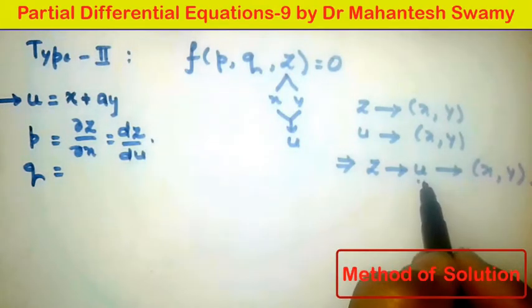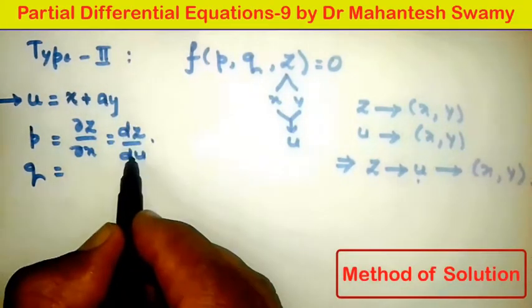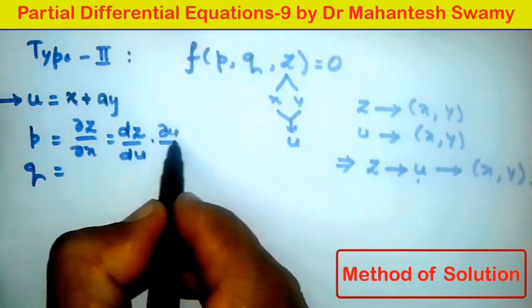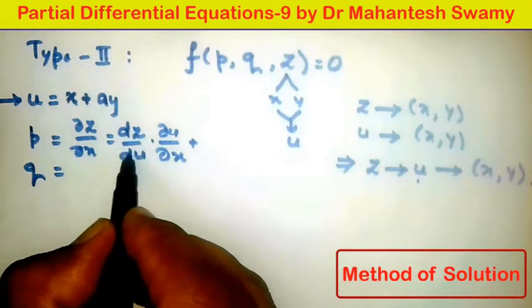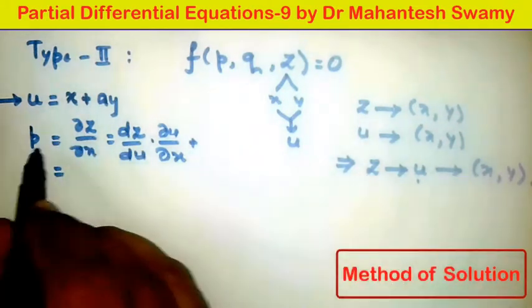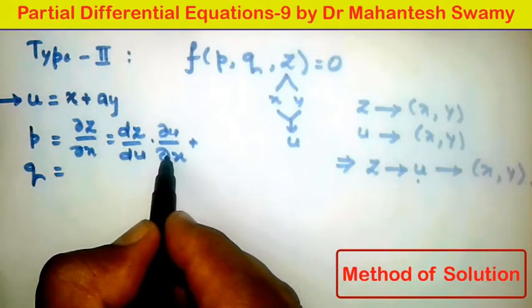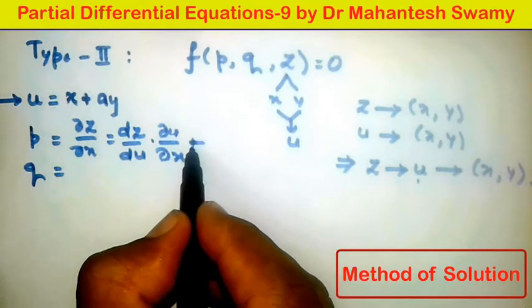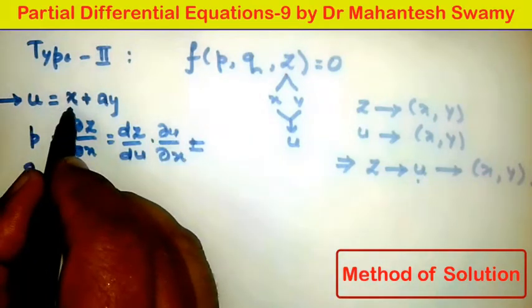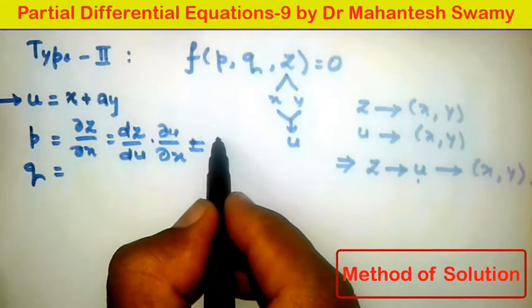Therefore we can write dz by du instead of dou z by dou u, and then dou u by dou x, because differentiation is with respect to x. Now du by dx is 1 plus 0. Therefore the value of p here is dz by du.